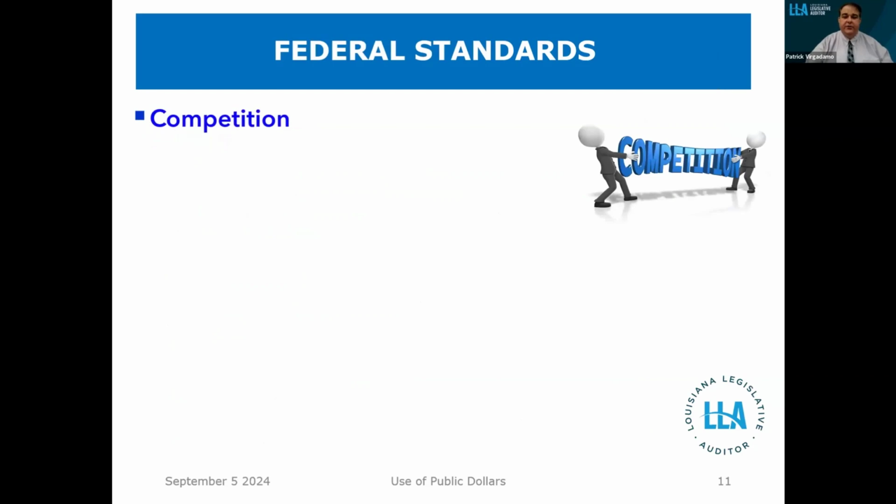Now, under federal standards, it's important to note the federal government expects that all purchases be done through a competitive method. 44 CFR 13.36 and 2 CFR 200.319 make it clear that in order to receive reimbursement, the expenditure, unless an exception applies, has to be through a competitive method.